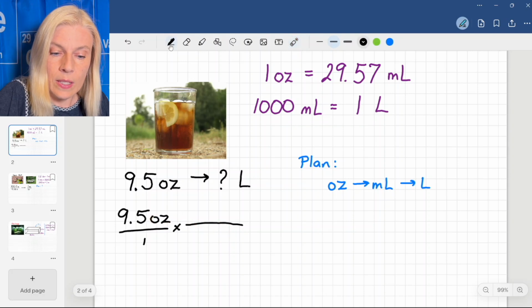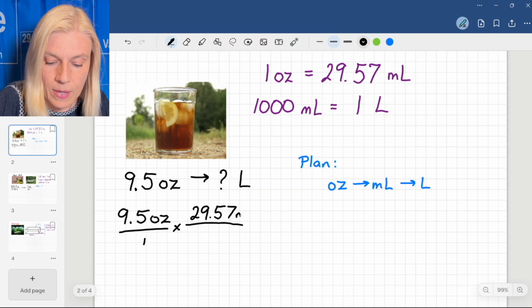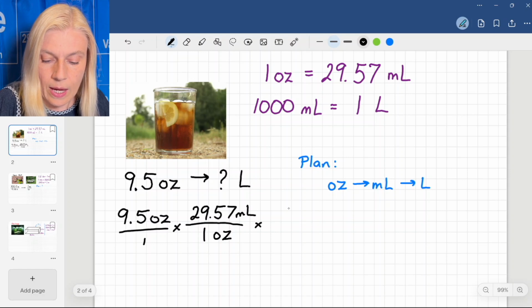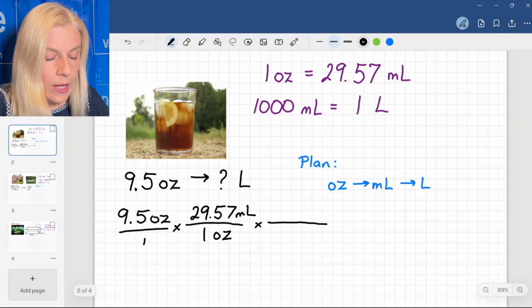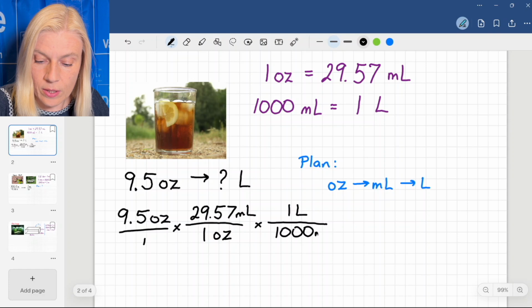So let's do it. So we're going to say 29.57 milliliters per 1 fluid ounce, times 1 liter on top, 1,000 milliliters on the bottom.